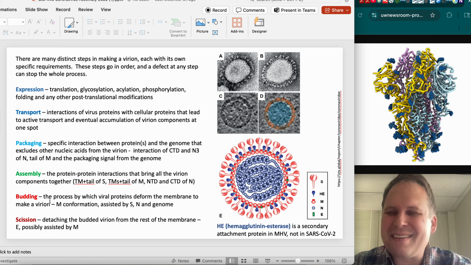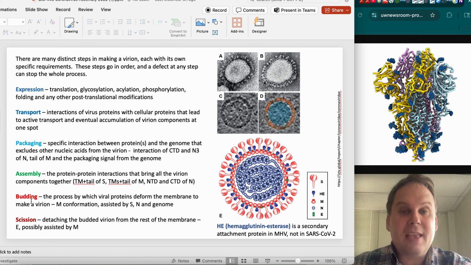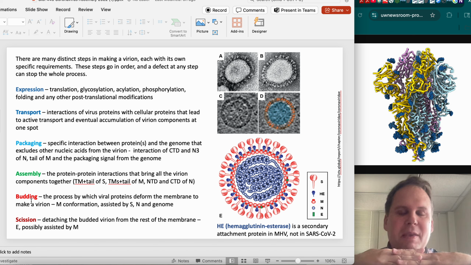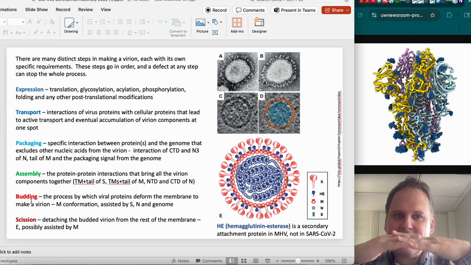We respect that. Budding is after all the pieces come together. They actually come together like a piece of IKEA furniture. If you've ever been to a big city that has an IKEA, flat packed, just like that. And then they come together and you can see them flat packed, like a big thick bit of membrane that's still totally flat, and it'll sometimes even have spikes sticking out of it.